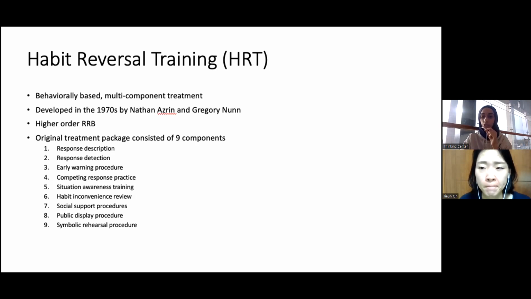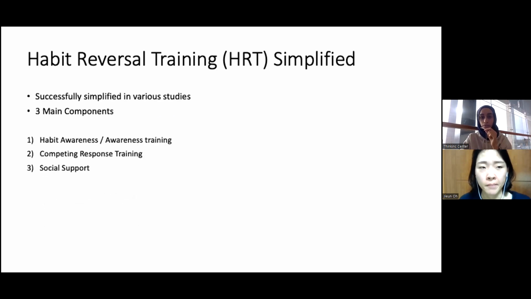So this original package was very effective, and in the research, it has been successfully simplified in a lot of studies, and it now has been boiled down to 3 main components. So instead of doing all 9 of these, the research has shown doing only 3 can be just as effective.